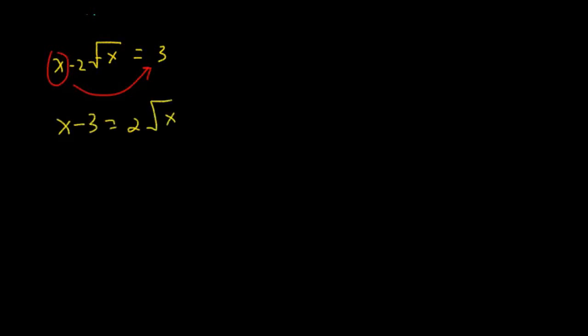So we have x minus 2 square root of x equals 3. Now we need to collect the like terms together, remember, so 2 square root of x should go to the other side. So we have x minus 3 is equal to 2 square root of x. Again we need to square.